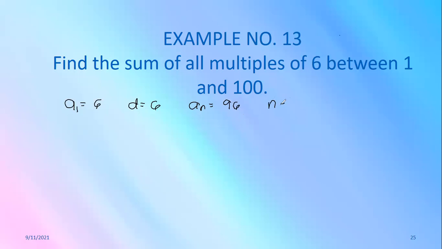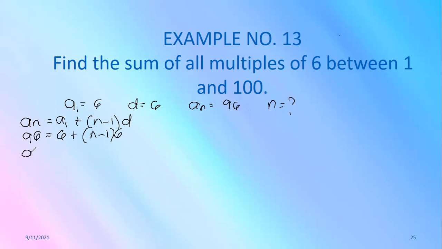Pero wala kang n. Ano ang gagawin natin? Yes, so gagamitin ulit natin si a sub n, which is equal to a sub 1 plus n minus 1 multiplied by d. Ang walang kamatayang nth term ng arithmetic sequence. Ang nth term natin is 96, which is equal to a sub 1, 6, plus n minus 1 multiplied by 6.